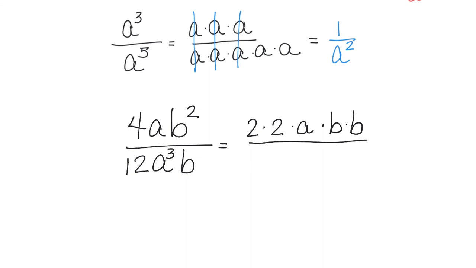Divided by 12, I know will break down to 4 times 3, but I know that 4 will break down to 2 times 2, so 2 times 2 times 3. Then I have 3 a's, and I have 1 b.